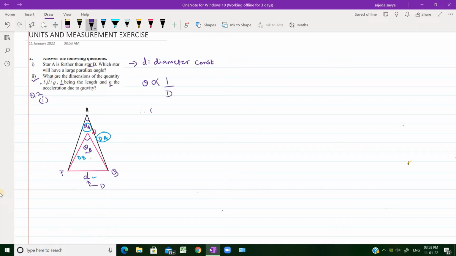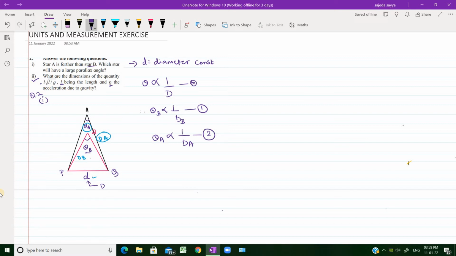Therefore theta B is directly proportional to 1 upon dB. On generalizing this equation, let us name it as equation 1, and for star A its parallax angle theta A is directly proportional to 1 upon dA. Let's number this as equation 2.